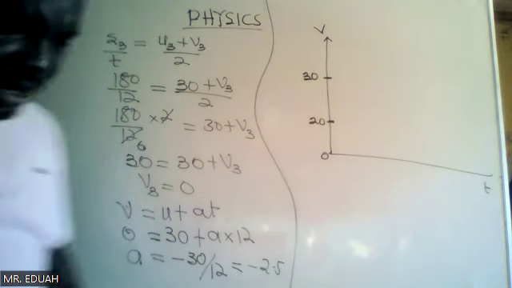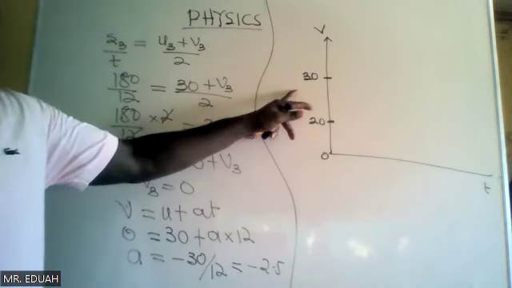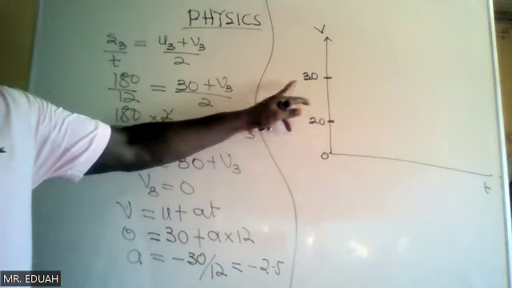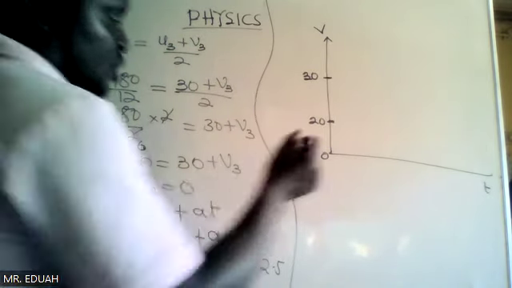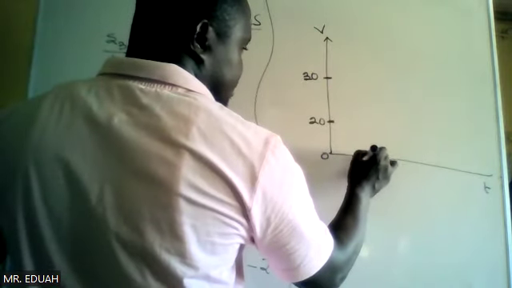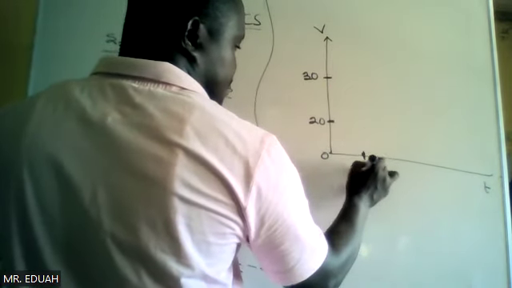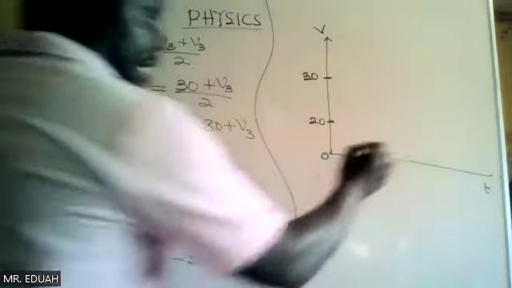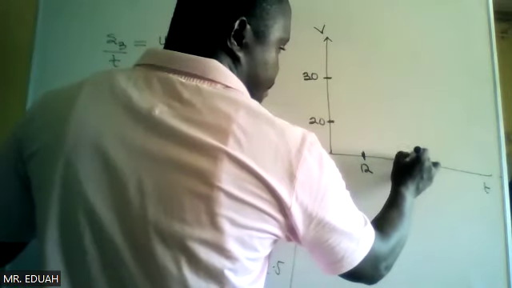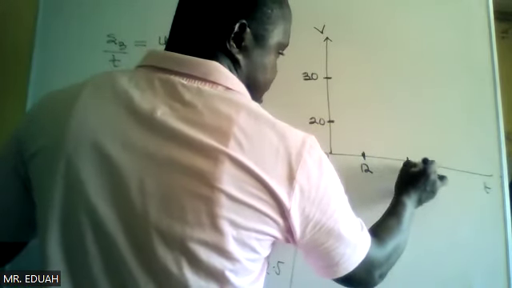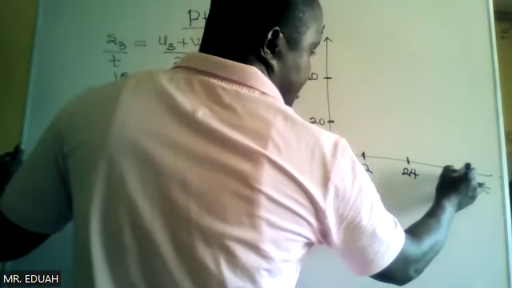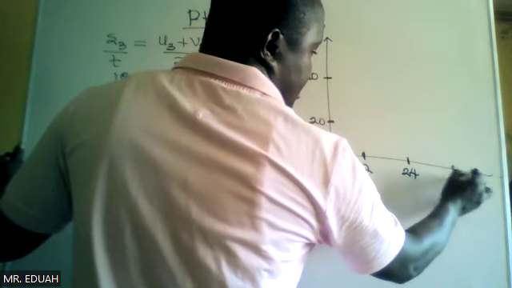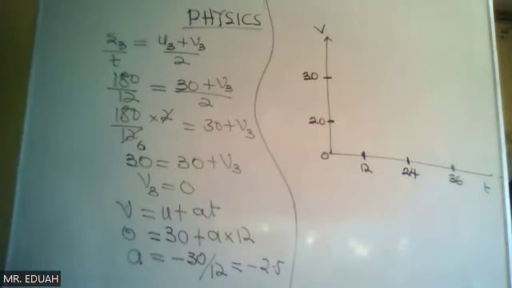So the maximum velocity obtained is 30, because from there was a uniform deceleration. So 12, another 12, so 24. Another 12, 36.